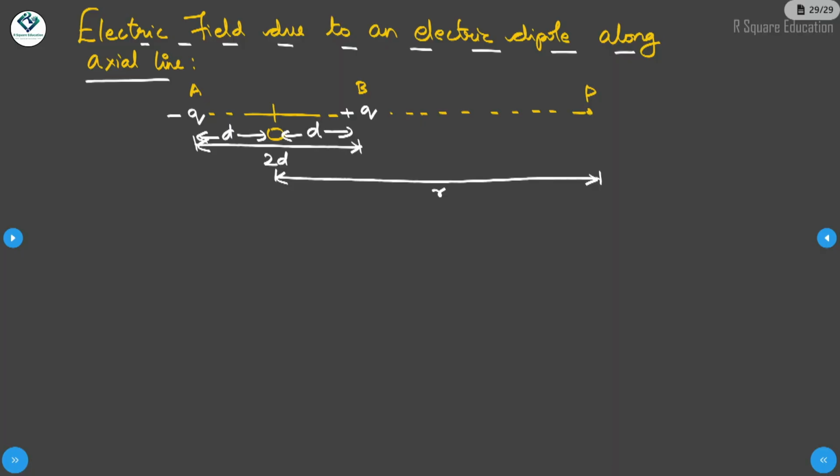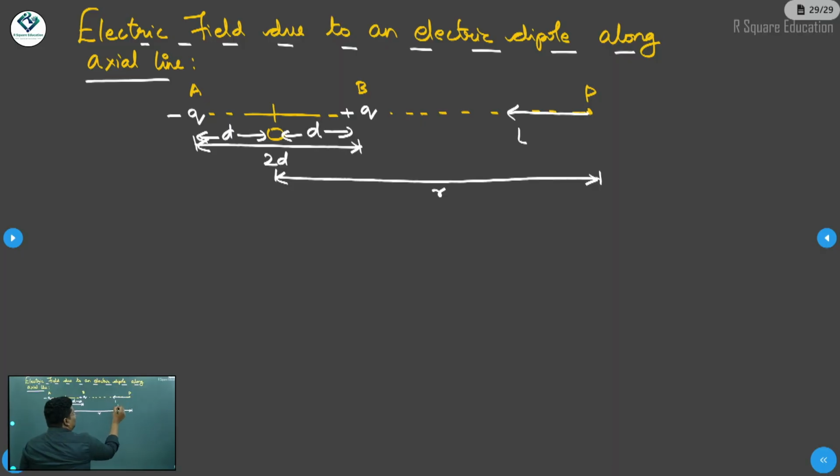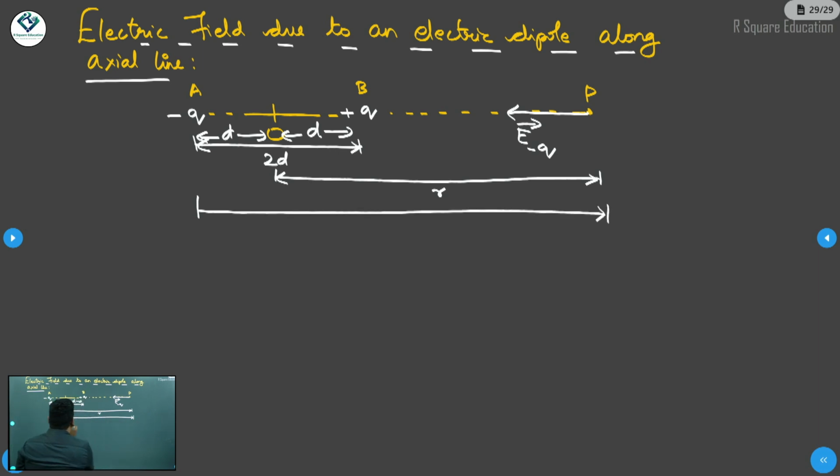Correct? So let me take this as the electric field due to the negative charge. Is that clear? Right. And let me take the distance between this minus q and this point as r plus d. Are you clear with this?